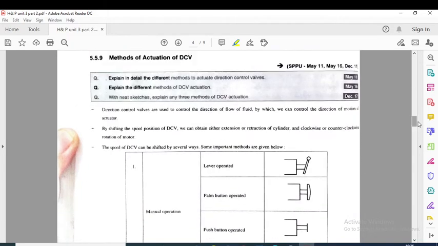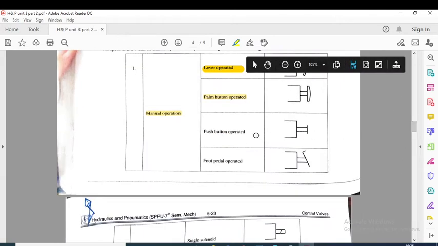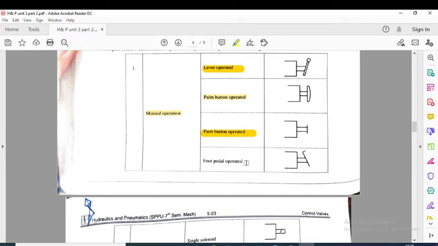Here we are going to study the methods of actuation of direction control valves. The first method is manual operation. The first one is the lever operated direction control valve, then the palm button operated, third the push button operated, and fourth the foot pedal operated direction control valve.